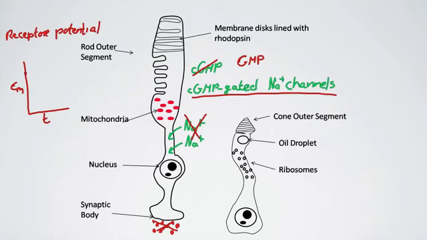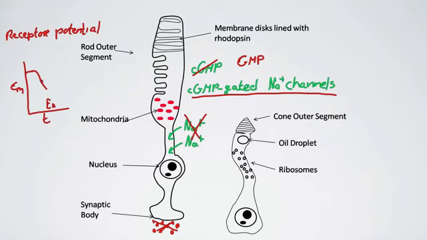Normally the membrane is depolarized. Normally neurotransmitter is being released. Once this entire process happens and we have GMP instead of cyclic GMP, the channels close, sodium no longer rushes in, and the membrane potential, the receptor potential, is going to go towards the equilibrium potential for potassium ion.